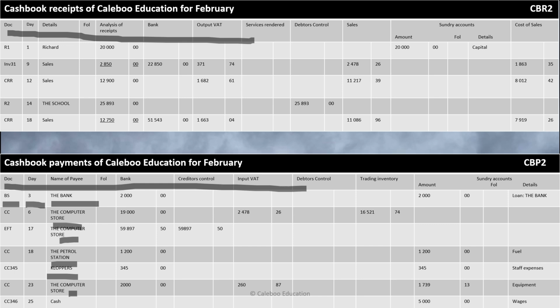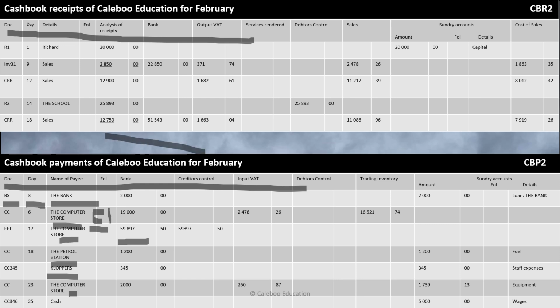When we pay a creditor, for example, we will do a transaction like that. We can go check in the creditor's ledger, and we're able to pick up the reference C1 for the computer store, which stands for creditor number 1 in the creditor's ledger. Then we have a column for bank.